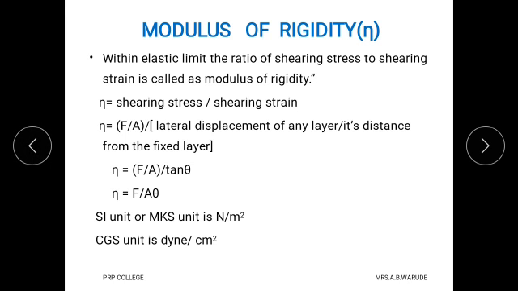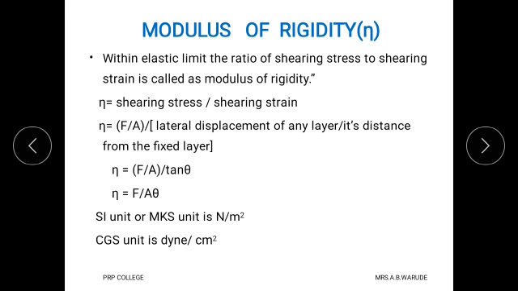Then we write the SI or MKS unit of modulus of rigidity. The formula is shear stress upon shear strain, but we know that shearing strain has no unit because it is the ratio of two similar quantities. Therefore, the SI or MKS unit of modulus of rigidity is equal to the SI or MKS unit of shear stress, and the SI unit of shear stress is Newton per meter square.